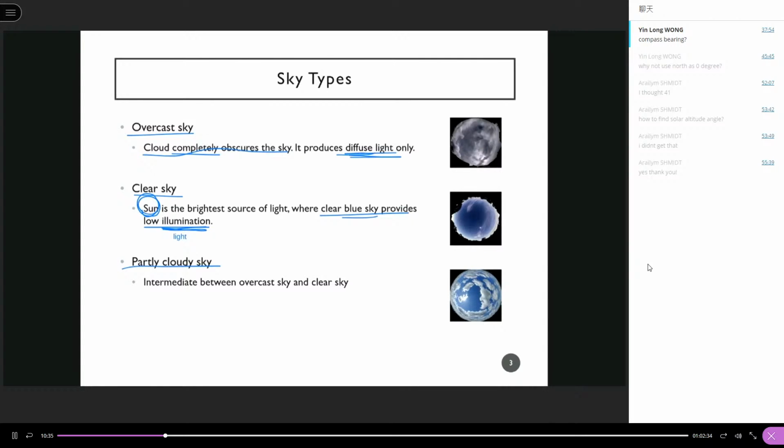Later on, when we study a parameter called daylight factor, we need to have a clear understanding of the sky types because daylight factor is a term only for overcast sky. We will talk about that later on.